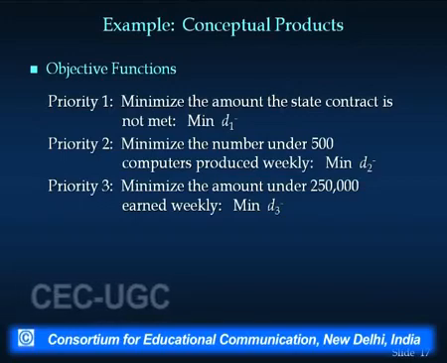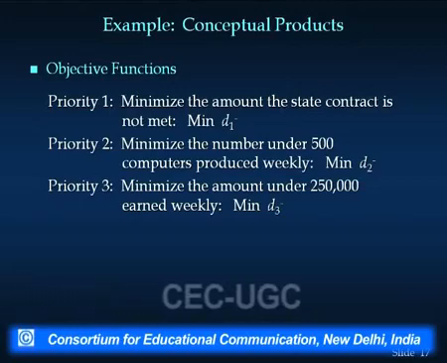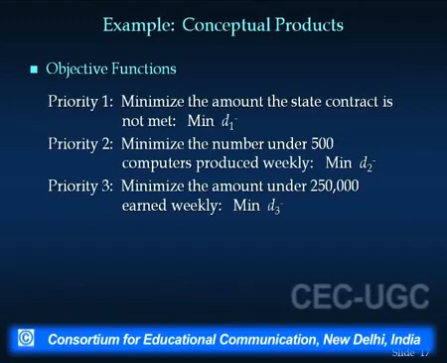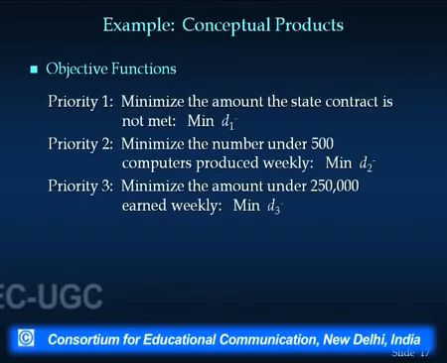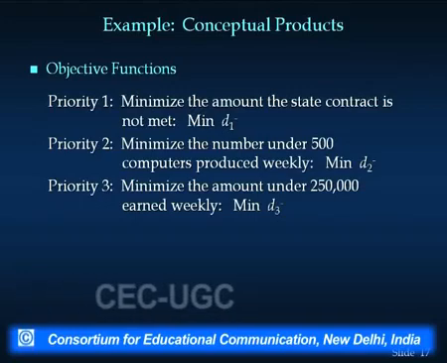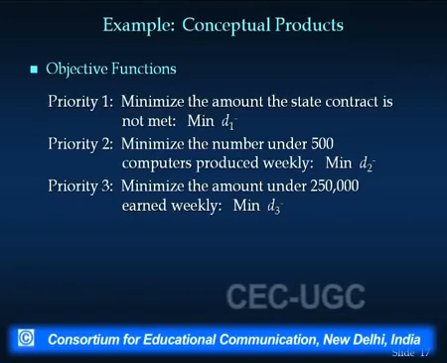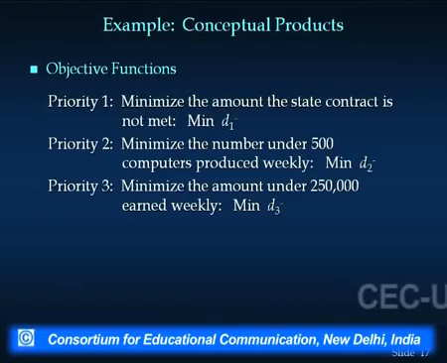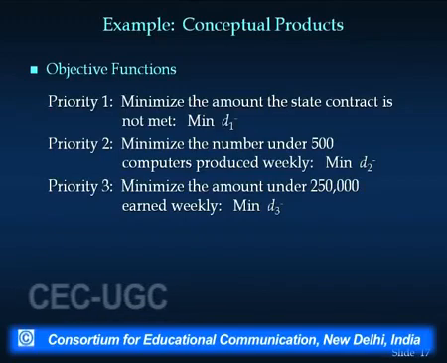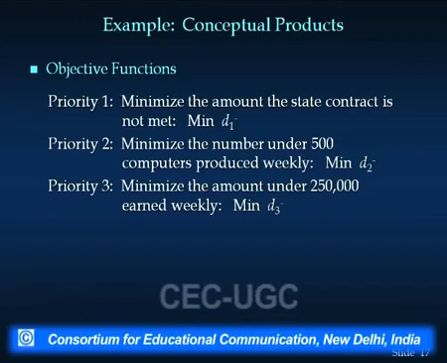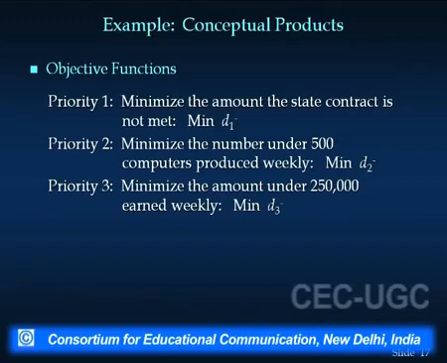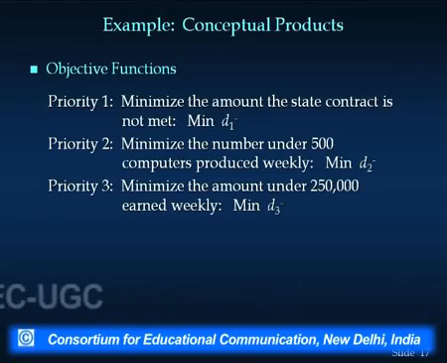The priority number 2, minimize the number under 500 computers produced weekly, and this is given by D2 minus. So D2 minus is also to be minimized, and minimize the amount under 250,000 earned weekly, and this is given by D3 minus. All these deviations are deficiencies only, and the total of these deficiencies is to be minimized. This is our goal and we have to achieve it.